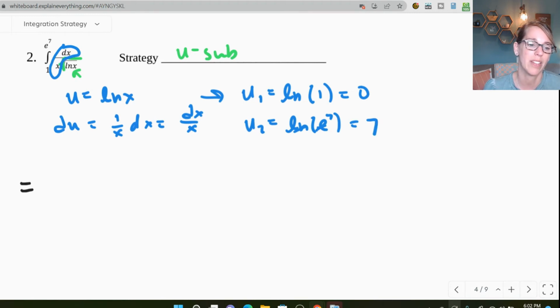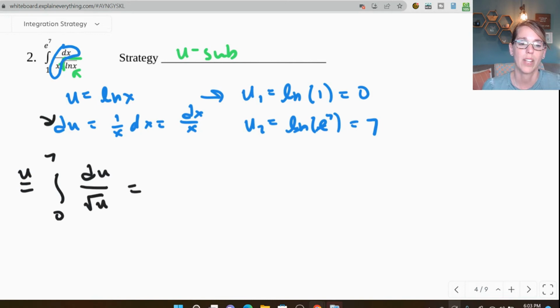Let's go ahead and rewrite this now in terms of u. So my integral is going to go from my u1 to my u2, so 0 to 7. dx over x is going to get replaced with my du, so du here. And then I've got the square root of the natural log, so that's going to be the square root of u. Writing this so I can do a power rule, this is the integral from 0 to 7 of u to the -1/2 du.